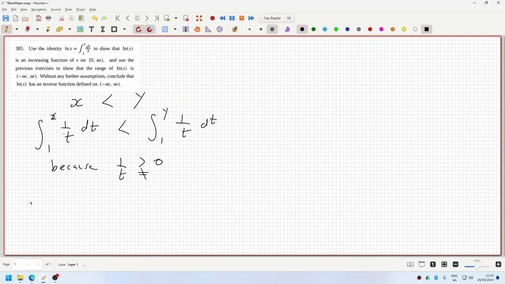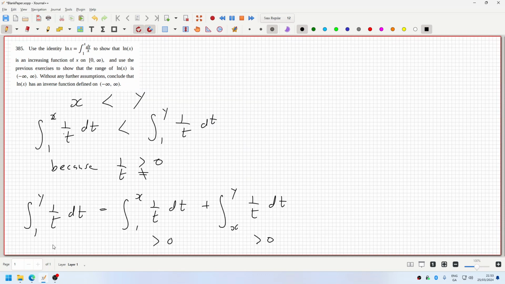Another way you could say it is the integral from 1 to y of 1 over t dt equals the integral from 1 to x plus the integral from x to y. And everything's positive here, so this would be more than just the integral from 1 to x of 1 over t dt.